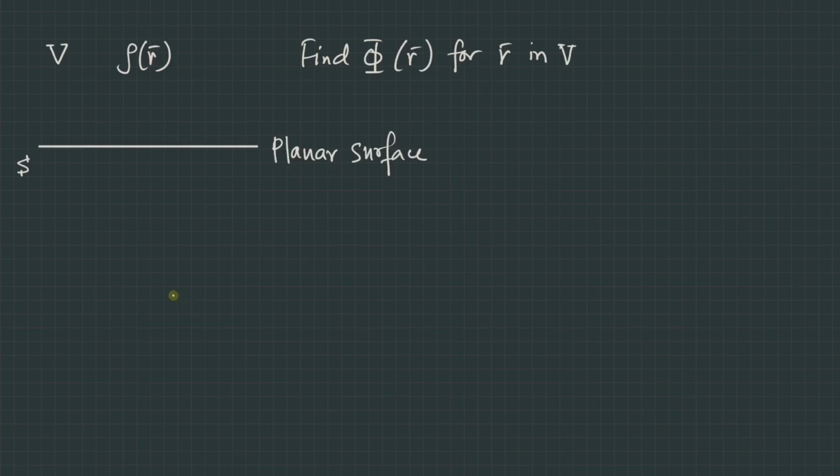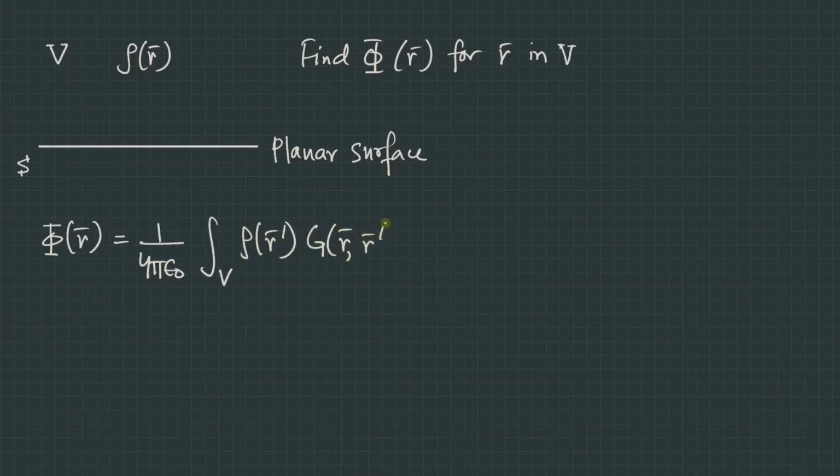So using Green's functions, we know the solution of the Dirichlet problem is given by this integral. We have our charge density, we have the Green's function, and we have a surface integral where we have the potential and the gradient of the Green's function.